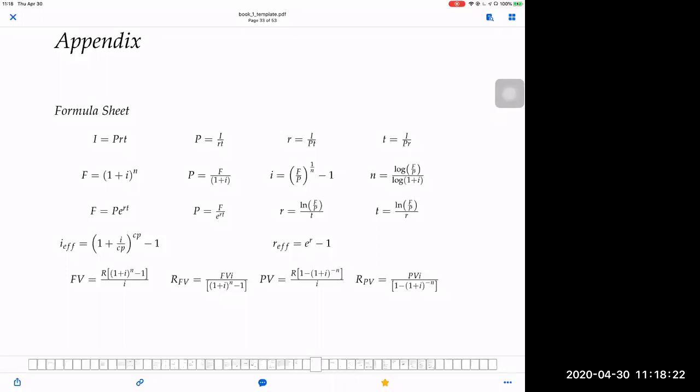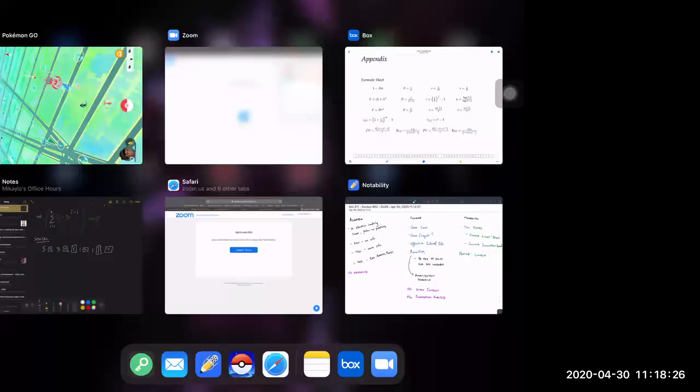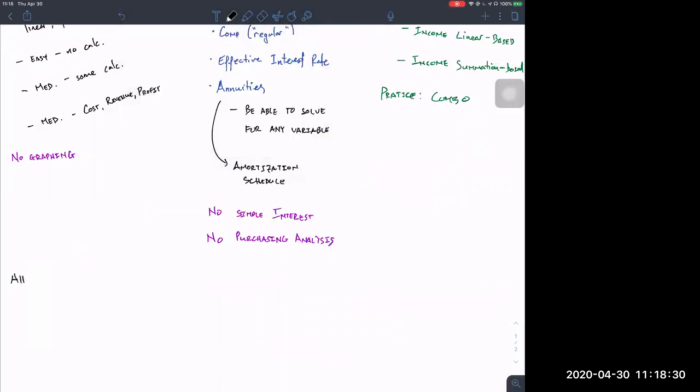That also means that, for example, all you need is the base formula.